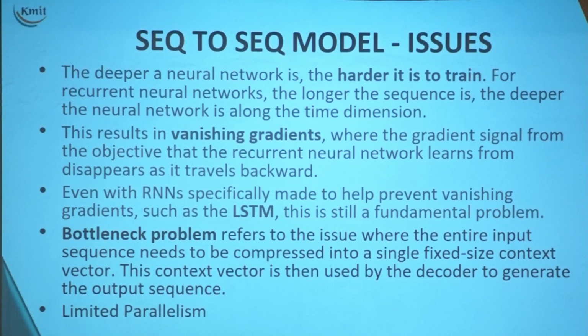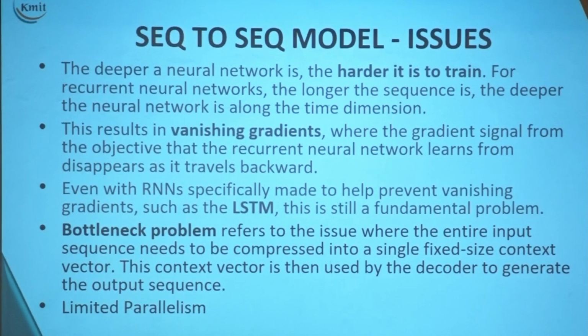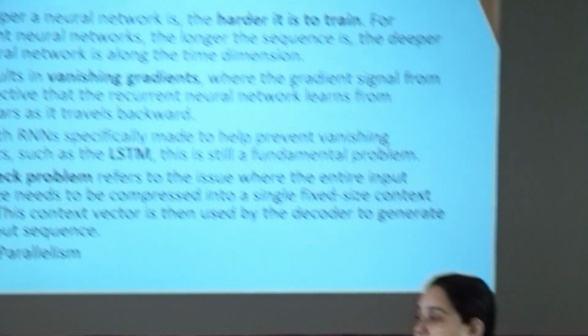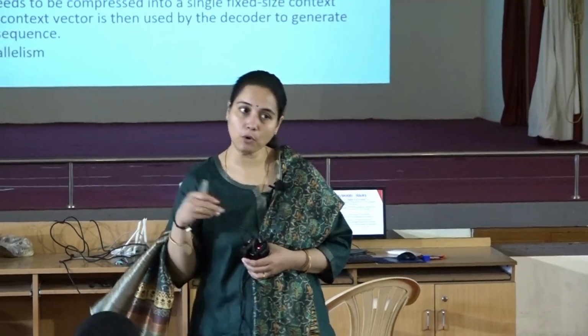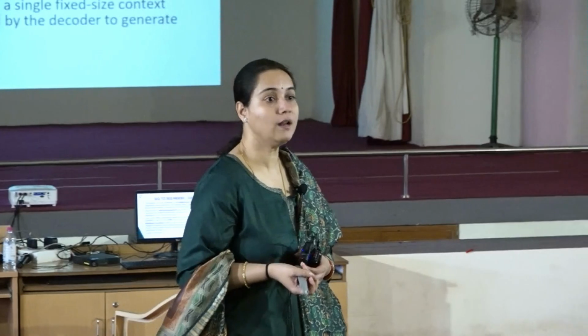Now, there are some problems that we are facing in this sequence to sequence model. What are the issues? The first is that this neural network is going to be quite deep with an increase in data, and of course it is going to be harder to train. For a recurrent neural network, the longer the sequence is, the deeper the network will be in its time dimension, and more time will be needed to predict your outputs.